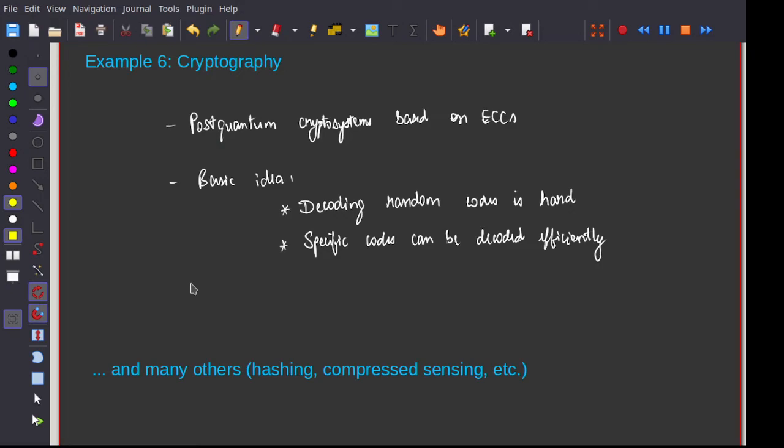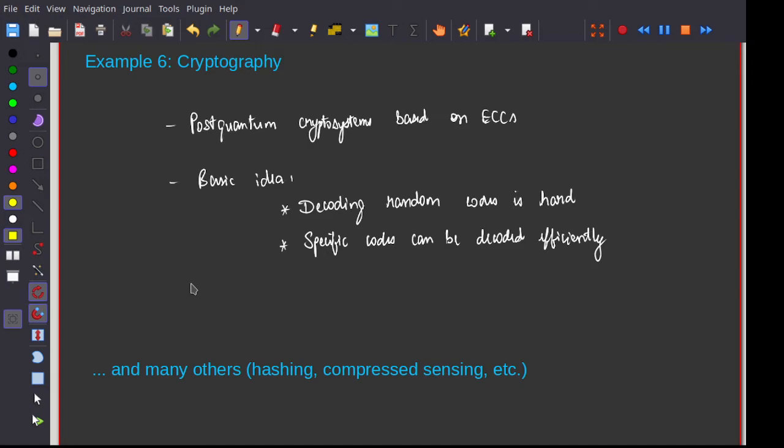Prime factorization, it turned out, was very hard to do using classical computers, but fairly easy to do using quantum computers. But there are other mathematical problems which are hard to do both by classical computers and quantum computers. One problem which is conjectured hard by both is decoding a random error correcting code.